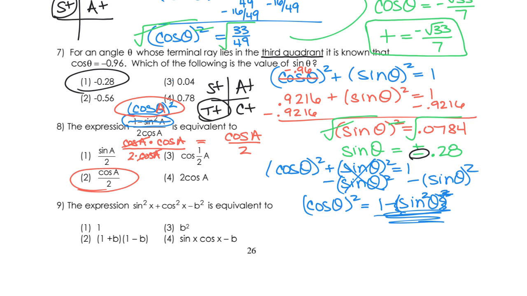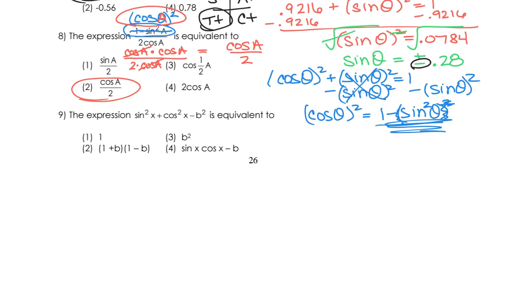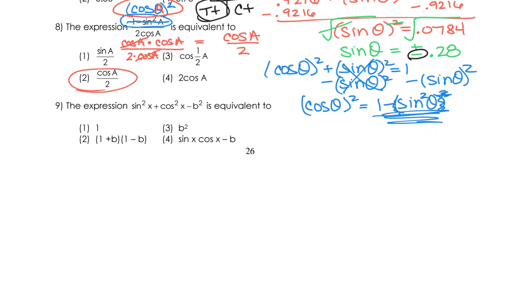All right, last question, guys, number 9. It says the expression sine squared x plus cosine squared x minus b squared is equivalent to which of the following? In this one, I think you can maybe see that this part is the Pythagorean identity, and that this is really equal to 1.